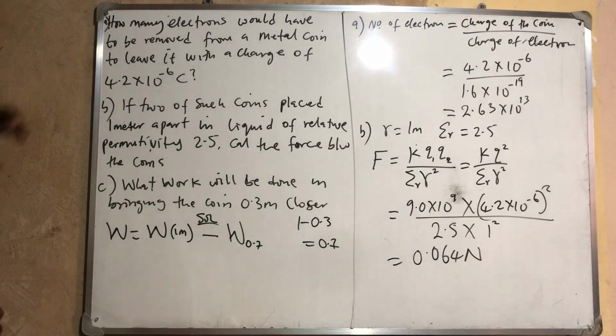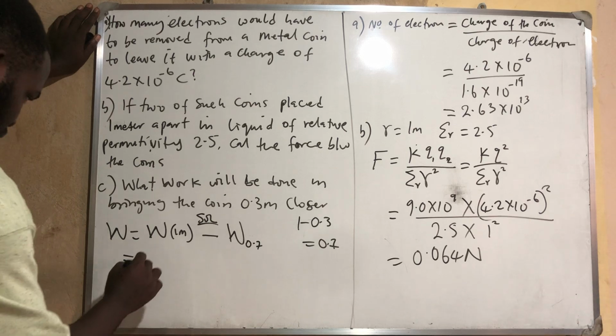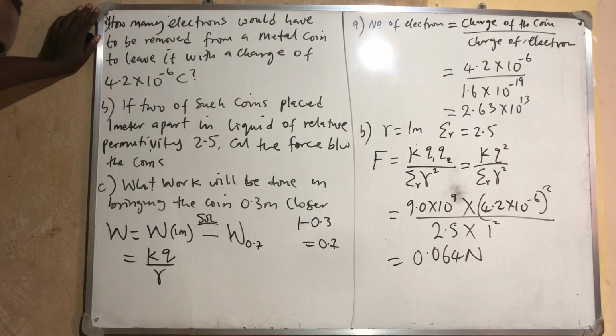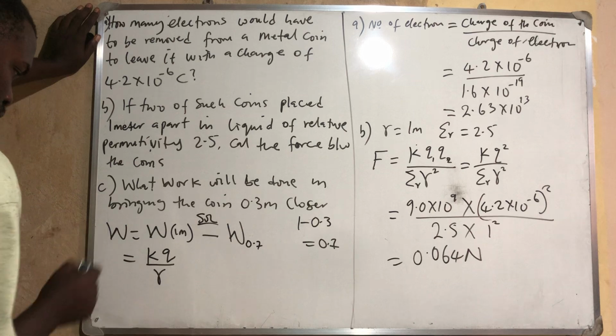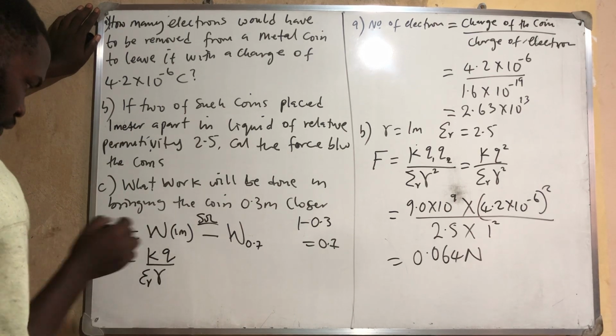So what do we have now? Don't forget that work done is always KQ over R. There is no squared in work done. But don't forget your permittivity, so you must put the ER under.